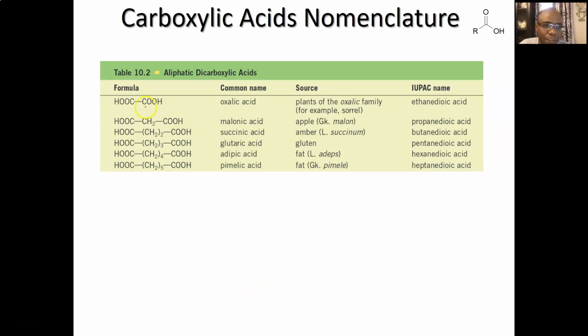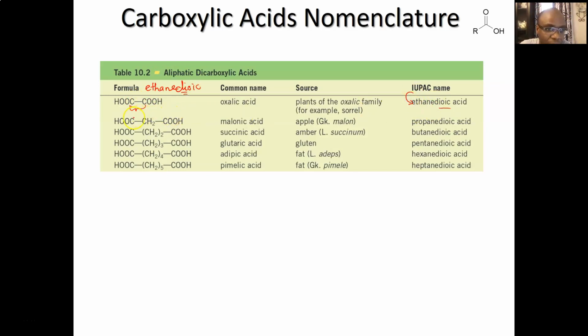You do have acids that have double carboxyl groups. So like this one is called ethane-dioic acid. So you see how we have 2 carbons, so it's ethane. But you have 2 carboxyl groups, so it's di because there are 2 carboxyl groups, and then oic because they're carboxylic acids, so it's ethane-dioic acid.